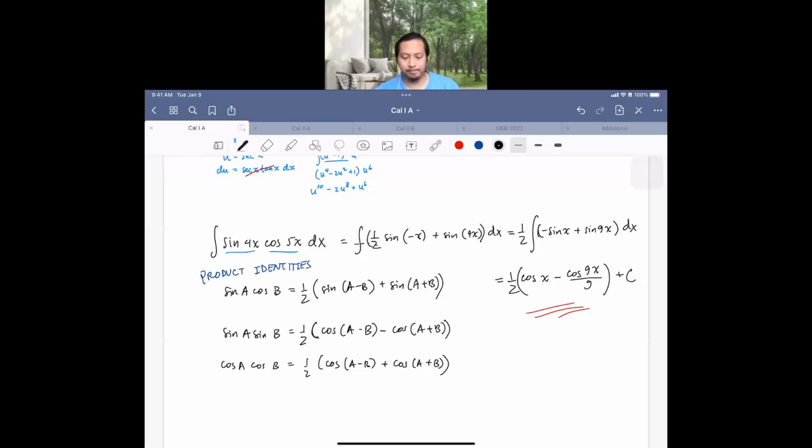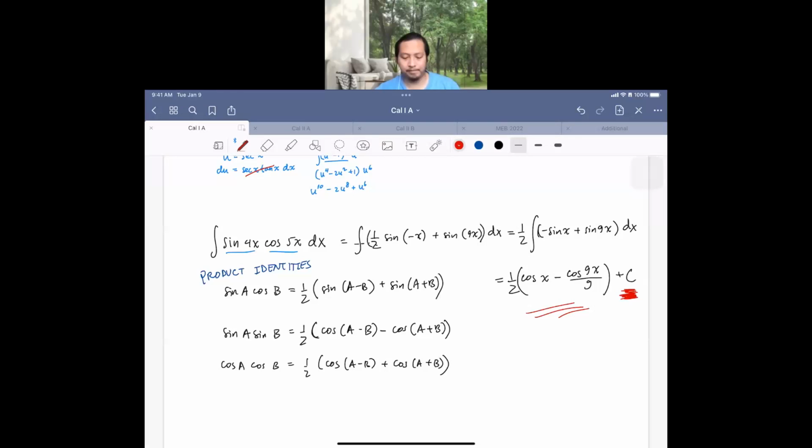And sometimes in integrals, because you have several techniques, several methods, sometimes the results seem different, but they're actually the same. What makes them the same is because we still have the plus c. This makes our differences become equal.